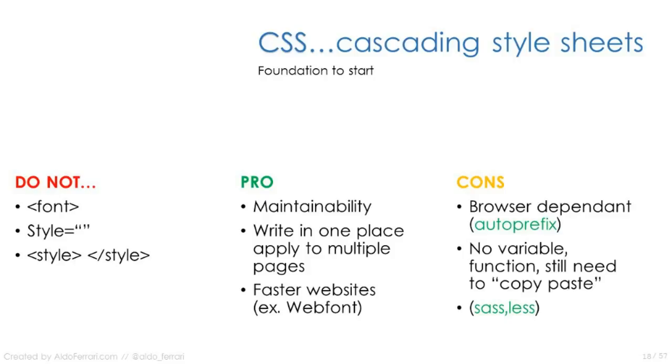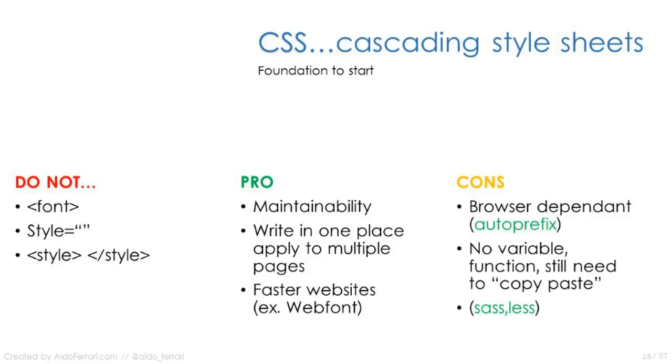Why? Because using CSS, that is cascading style sheets, means there are files outside your page that you include in your page. In this file, you have a list of styles, divided properly, or at least listed, that you can use all over your 10 pages of the website, for example.